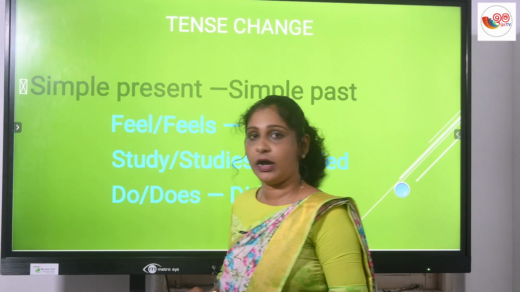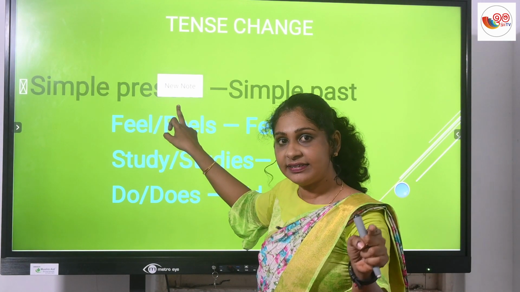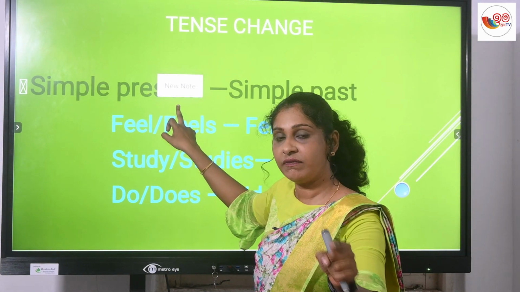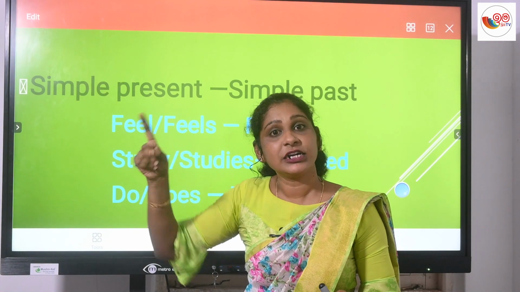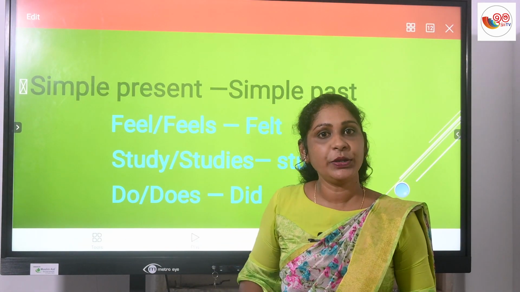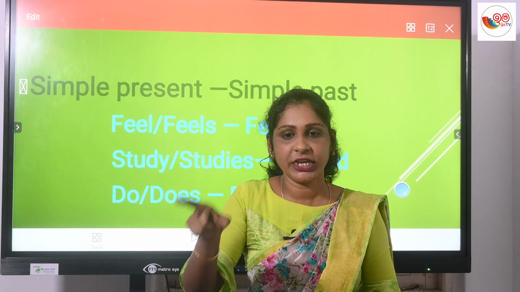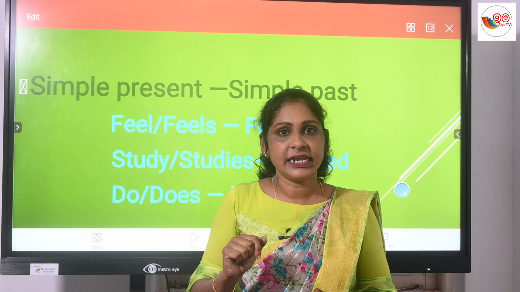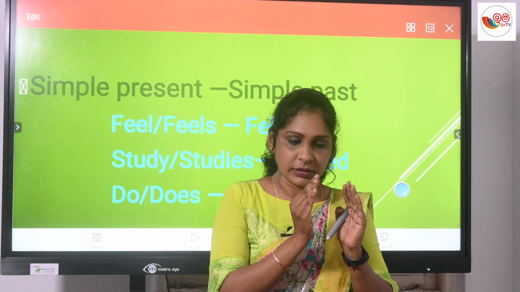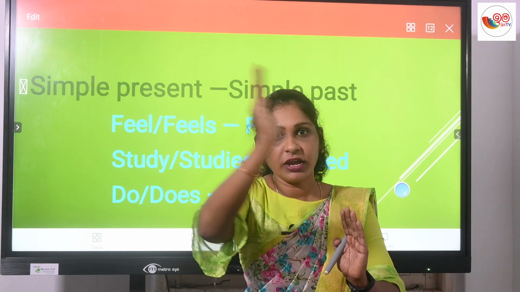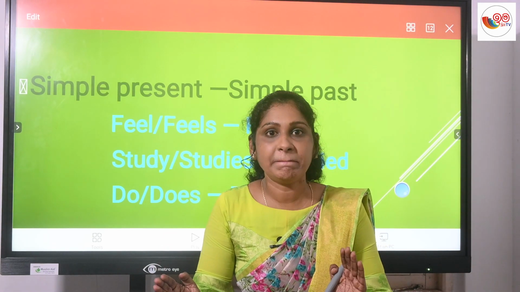First one is about simple present. In direct, if you have simple present form, when you write reported, how can you write it? In simple past. You have to change the tense form. You have to change the verb. If you have simple present in direct, you have to change as simple past.